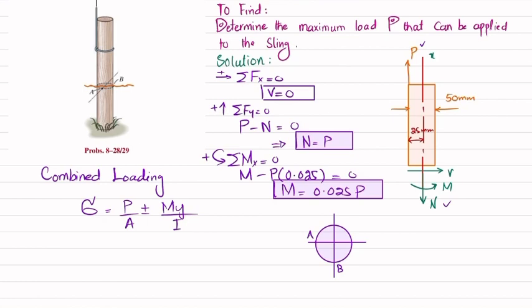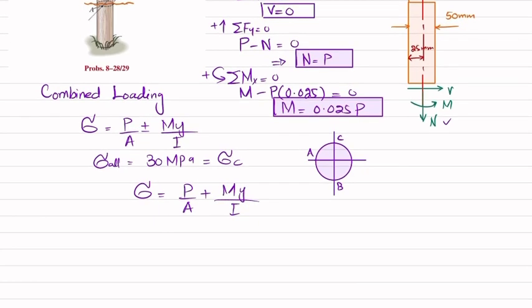We are given that the allowable stress is 30 megapascal, that is the maximum. So we will take this as point C. This is the allowable stress at point C, and we can see this is equal to P by A plus M times Y divided by I. Now you can put in the values.